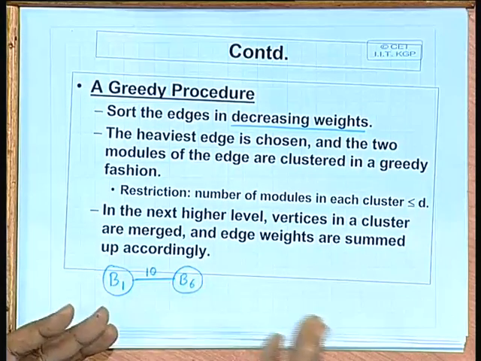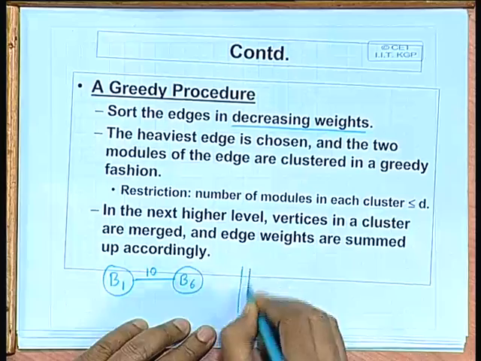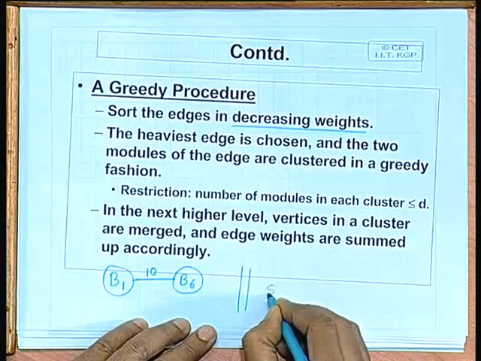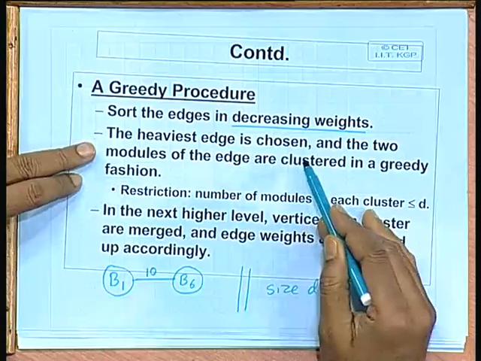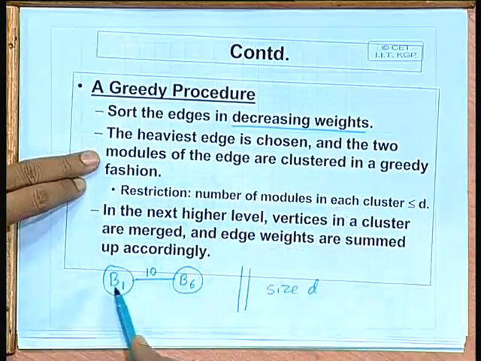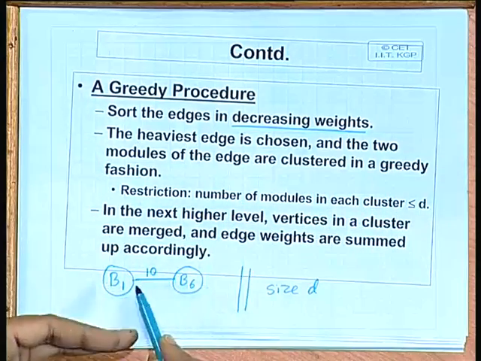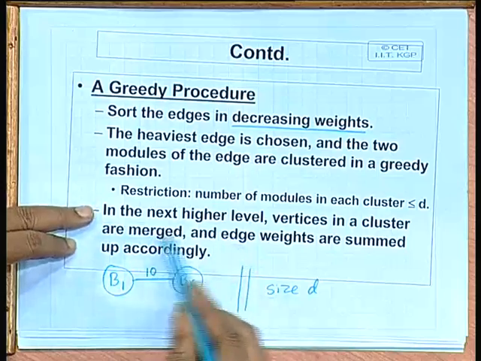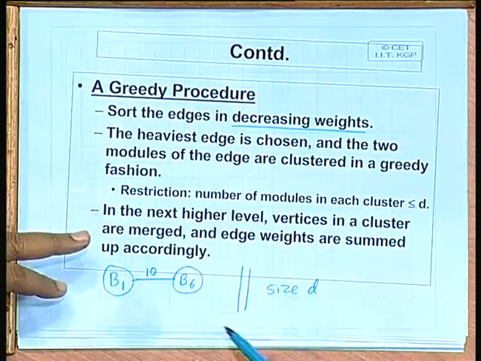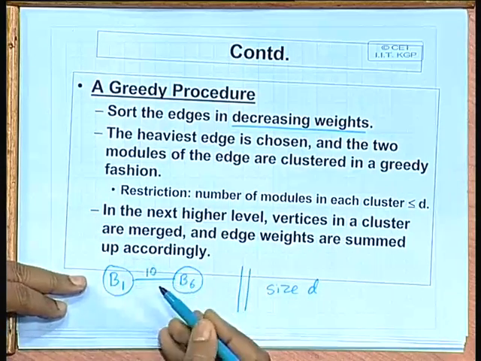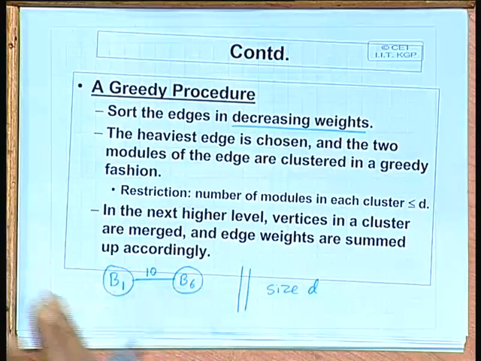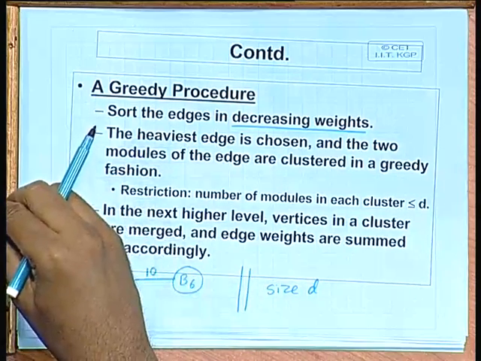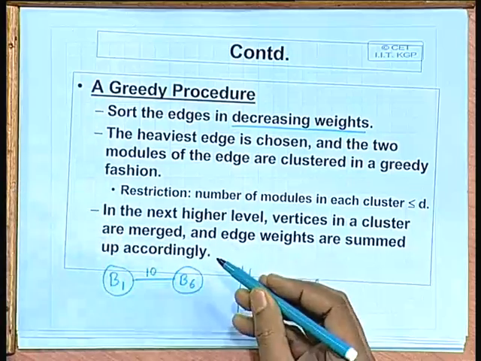You go on doing this successively till you get a cluster of size D. So you take the heaviest edge, the two modules of the edge are clustered in a greedy fashion, then you add one more which is strongly connected to this pair, it becomes 3, then to the 3 you add another block, it becomes 4.